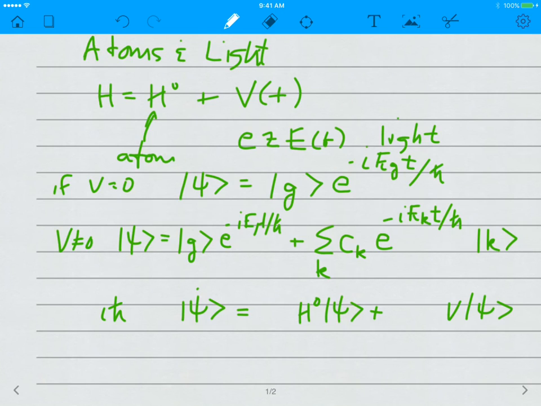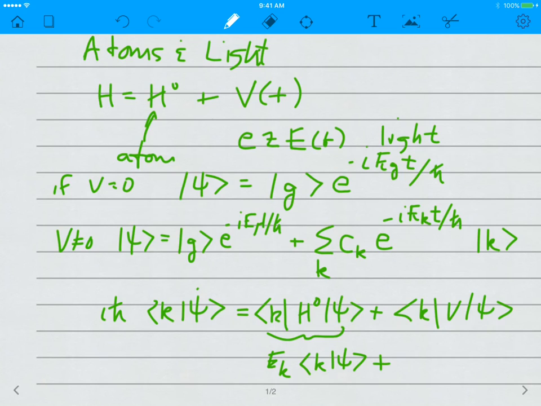Now let's operate on the left with state k. In the first term here, we know that that is going to be E_k times <k|psi>.